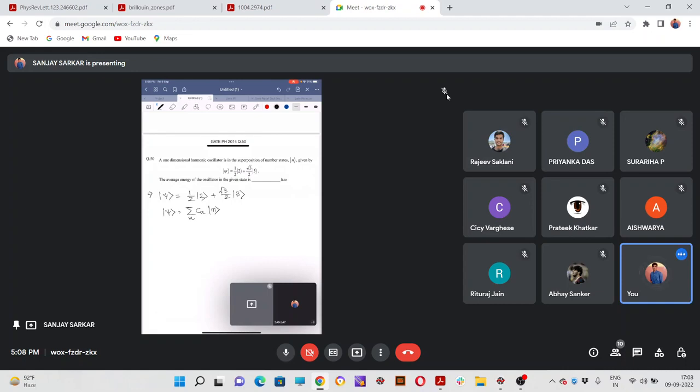Here C2 is half, C3 is root 3 by 2, and all other Cn are 0 for all other n except 2 and 3.